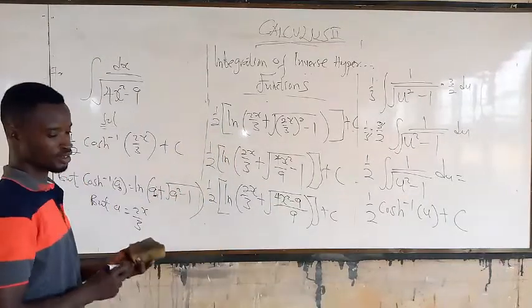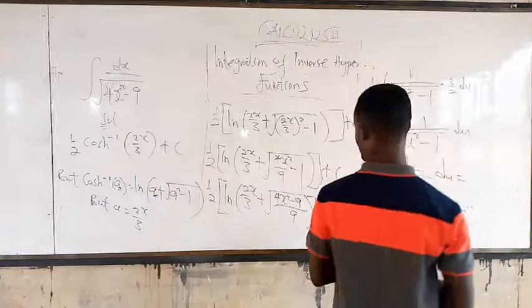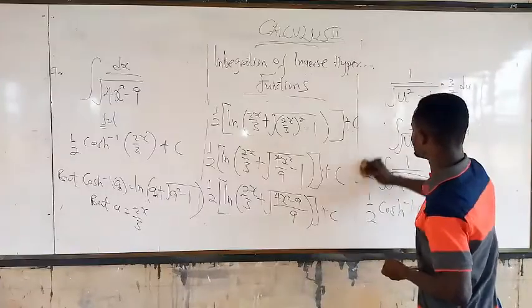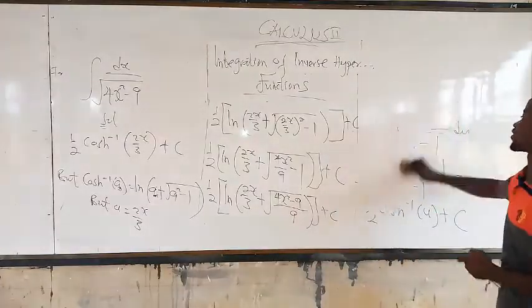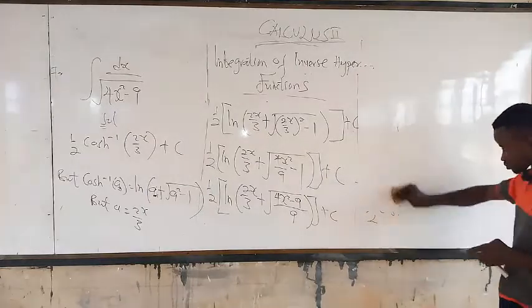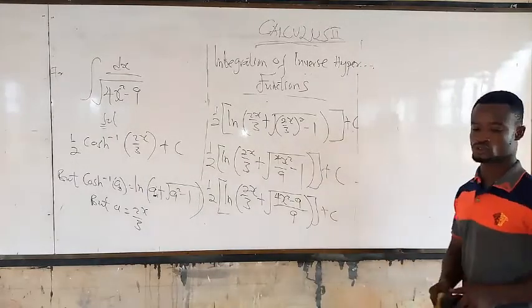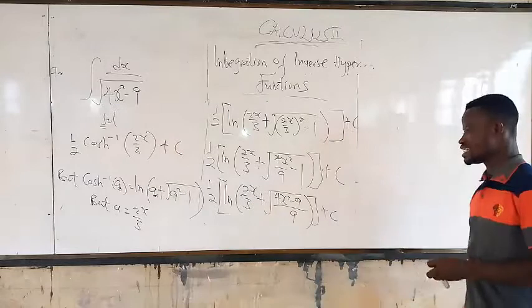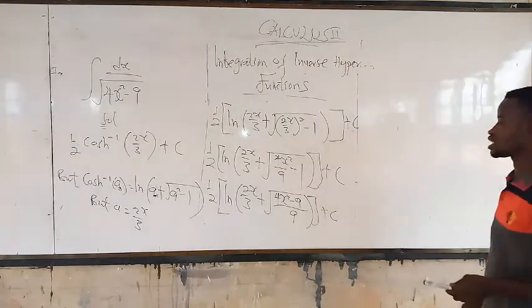Alright, very good. So we continue the algebra. You have to clear off to the least form. Alright, to the least form.